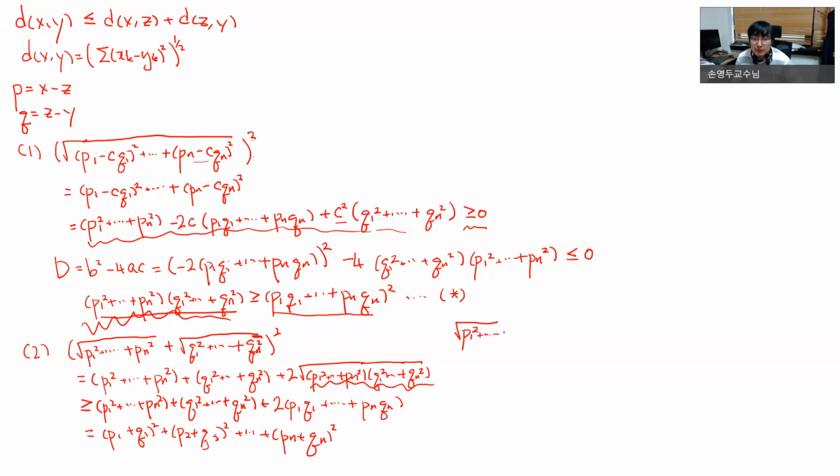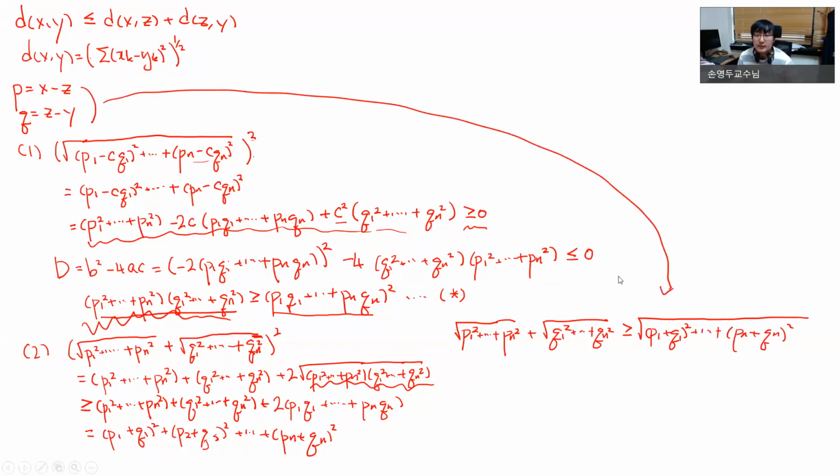the square root of (p1 squared plus ... plus pn squared) plus the square root of (q1 squared plus ... plus qn squared) is greater than or equal to the square root of (p1 plus q1) squared plus ... plus (pn plus qn) squared. And please input this value here.